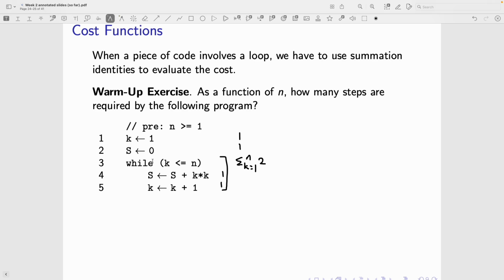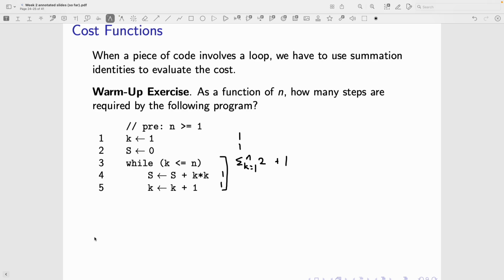It'll check the loop condition n times. But then at the end of the loop, it'll check the loop condition once more for the algorithm to figure out that it should now exit the loop. Because of that, we have to add 1 to the number of steps that the loop is taking.